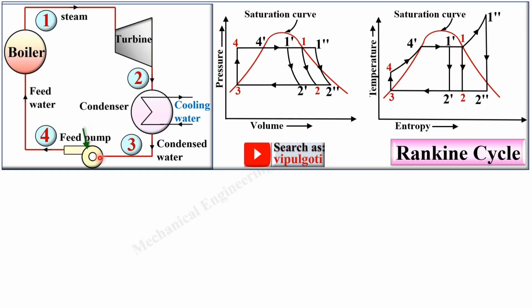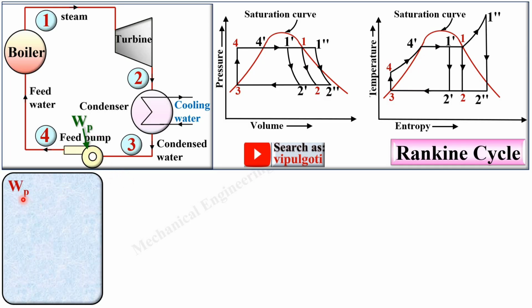Now you know that for the feed pump you have to give the work done. That's why it is called the work done that is supplied to the pump. So I can write WP, that means the work done given to the pump. And you know that again this is actually the enthalpy difference, that is H4 minus H3. Again you know that here this is actually the liquid, that's why it is called HF4.